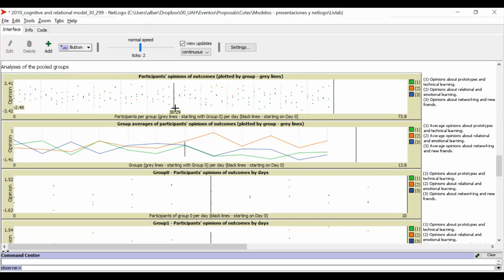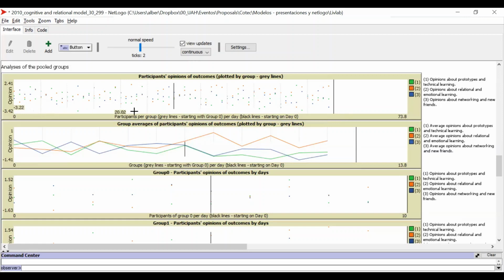This black vertical line helps us signal the first day. Then the second day starts, and this final black line signals the end of the second day.